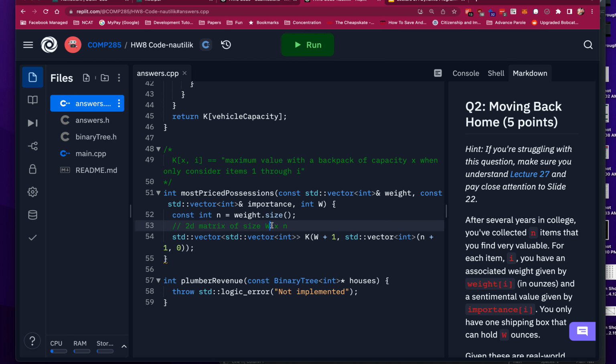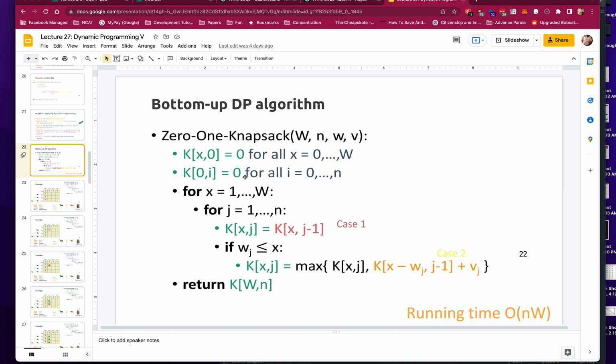So this gives you a W plus 1 by n plus 1 matrix, where everything is 0. And that actually covers your base cases, because you needed to set all these values to 0 anyway, so you're kind of done with that. You just jump to the for loops.